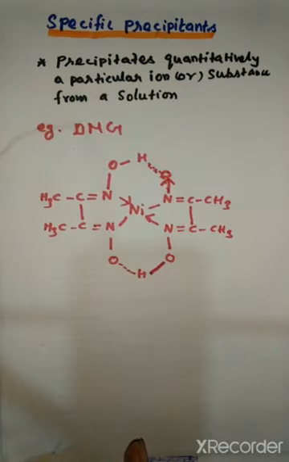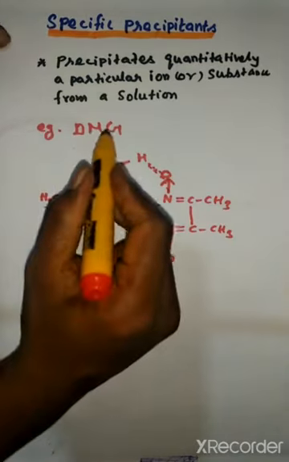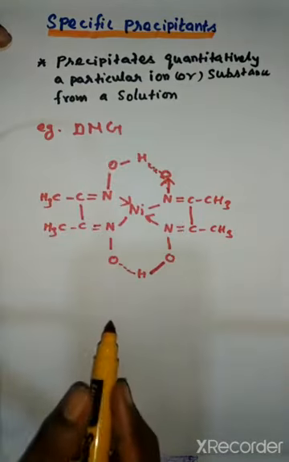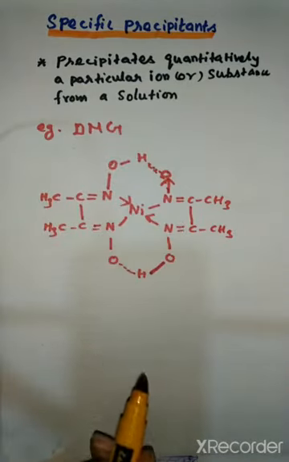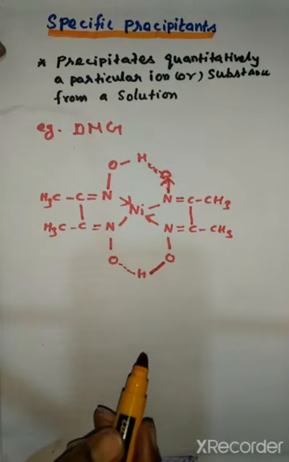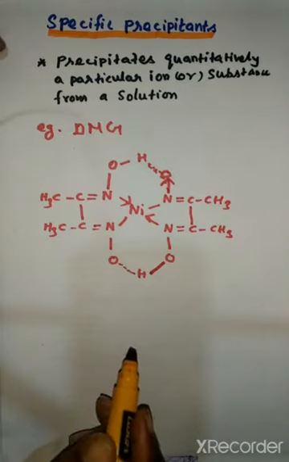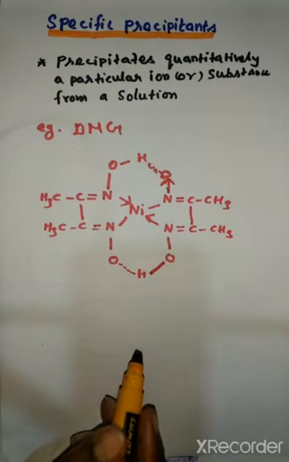Dimethyl glyoxime is a specific precipitant for estimating nickel in alkaline medium, and it is also used to estimate palladium in acidic solution.